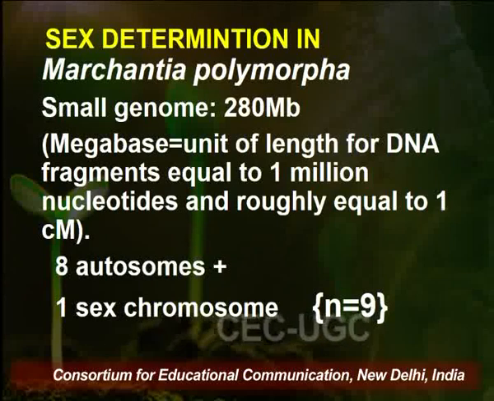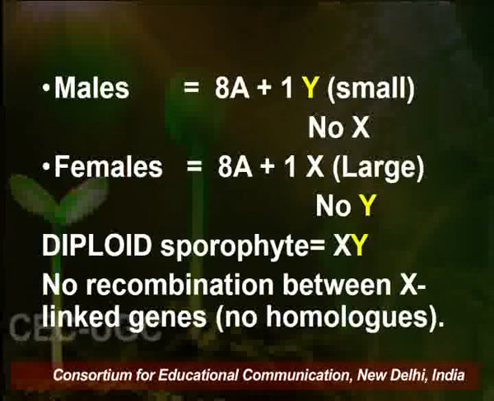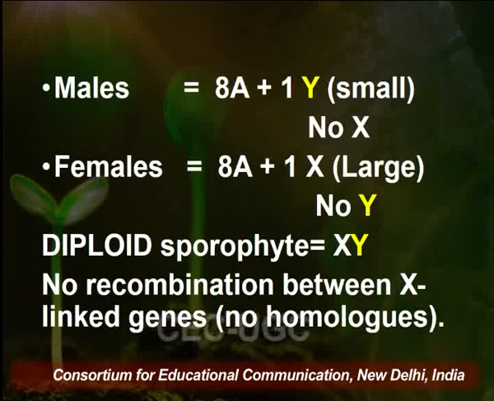So, Marchantia has 8 autosomes and 1 sex chromosome. So, that means total n is equal to 9. So males would have, as you can see on your screens, 8 autosomes and one Y, which means no X. Y is smaller in size than the X chromosome.